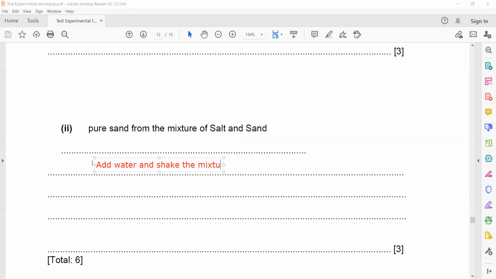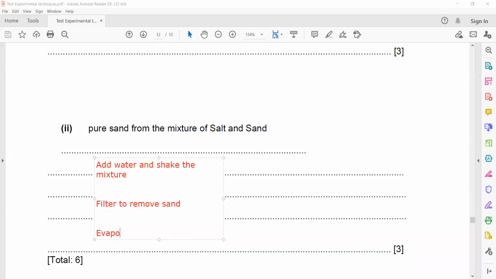Then we will use filtration, or you will write filter, to remove sand, and then evaporate the filtrate to obtain salt, or you can mention crystallization as well.